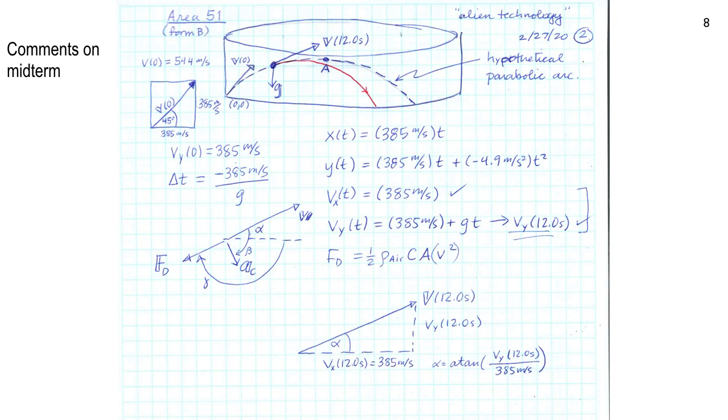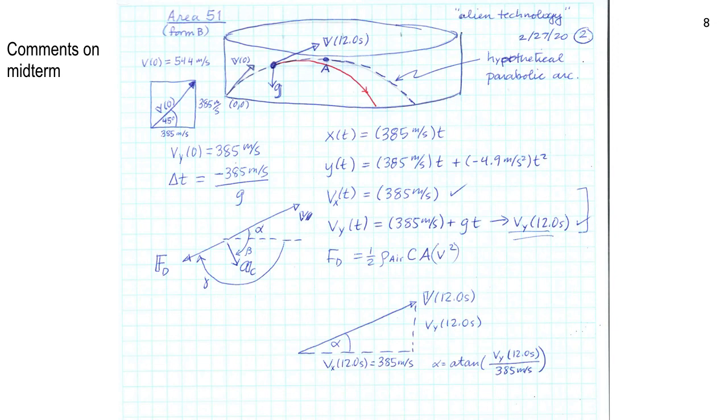Y of t, we've done it about 5 zillion times. If this is the origin over here, 0, 0, where it launches, then you have 385 meters per second times t plus a negative 4.9 meters per second squared times t squared.